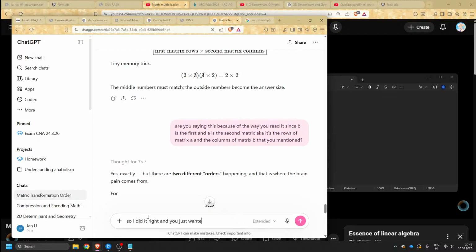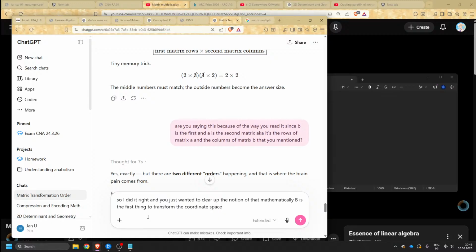You just wanted to clear up the notion of B being the first thing to form and A being the second, despite reading A first.